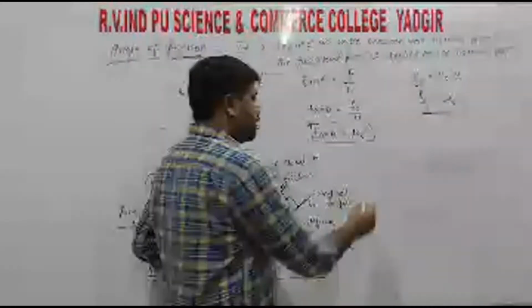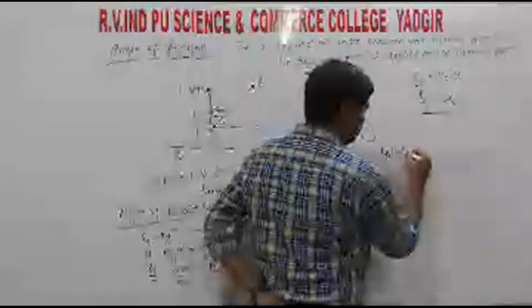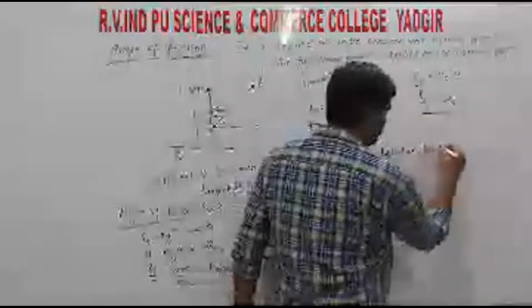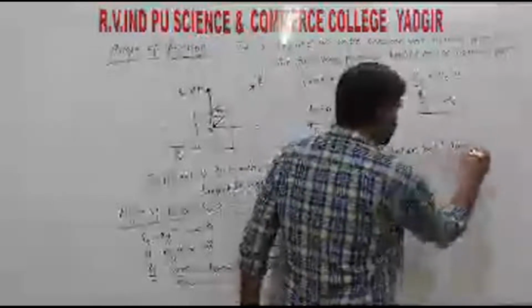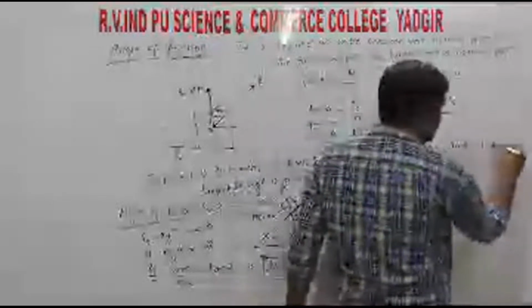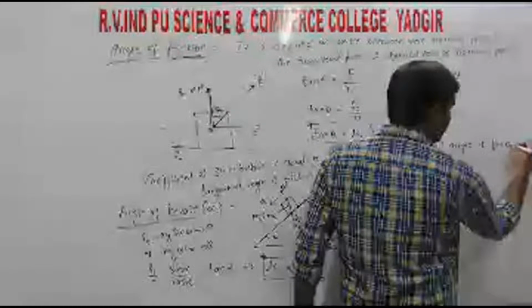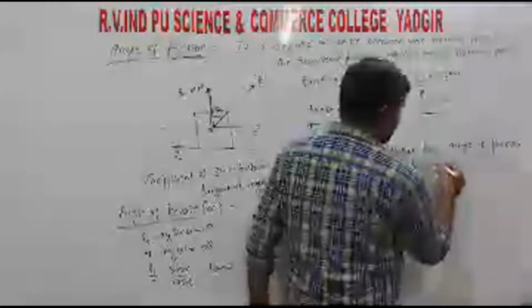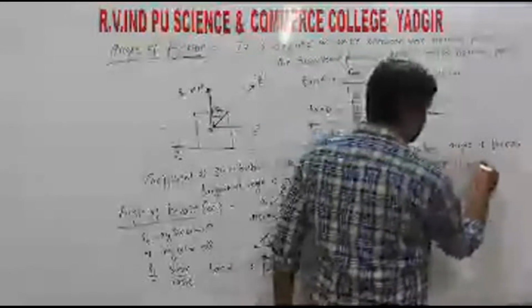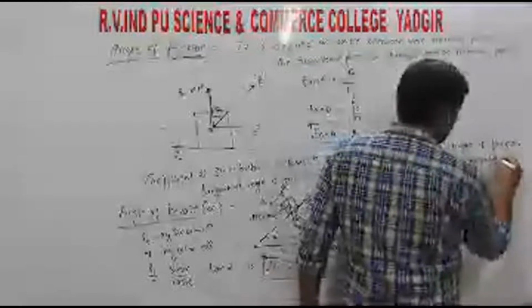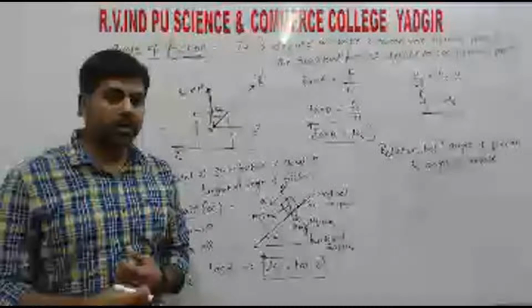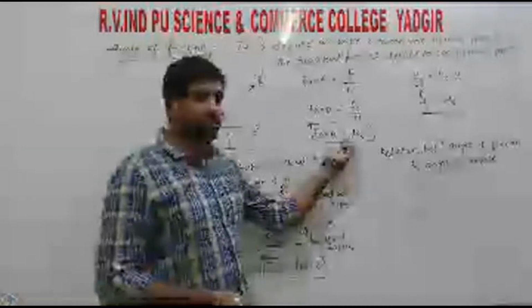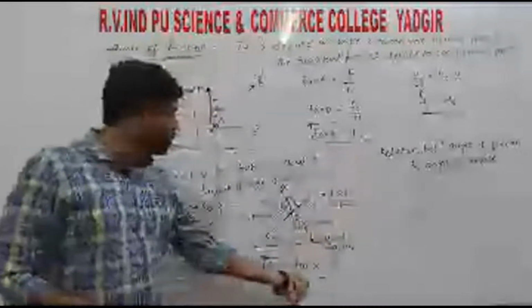And the next is the relation between angle of friction and angle of repose. So we already have the relation mu s is equal to tan theta, and again mu s is equal to tan alpha.